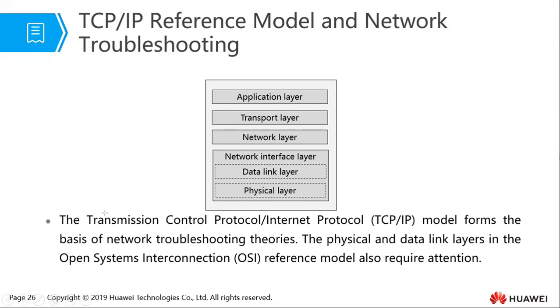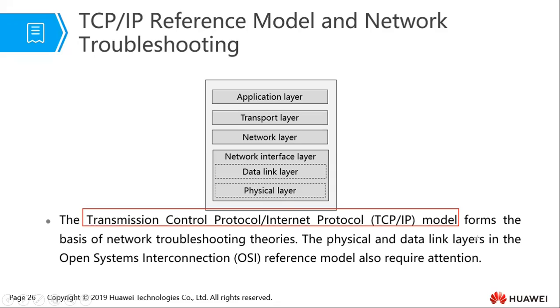So really, the TCP/IP model forms the basis of network troubleshooting theories. We are going to see two theories, bottom-up and top-down, and all of them are in reference to this particular layered model of communication.